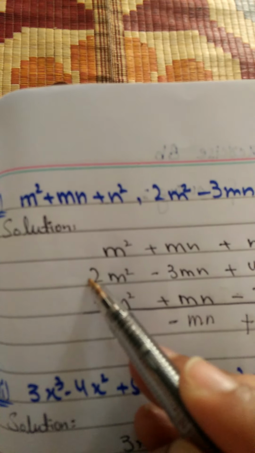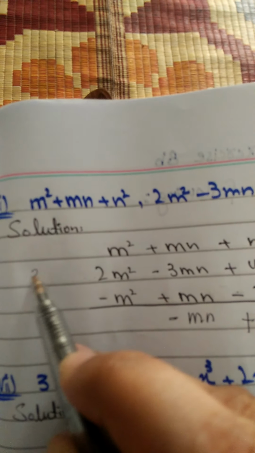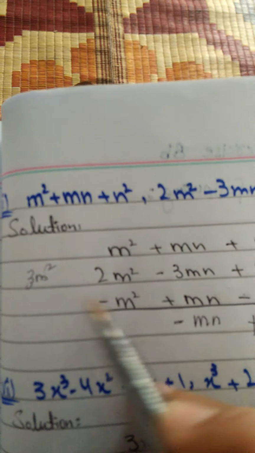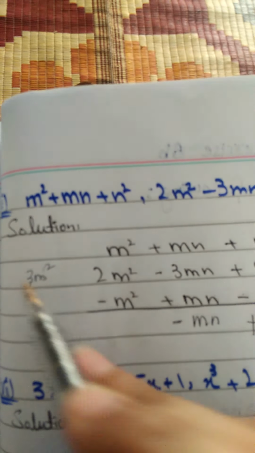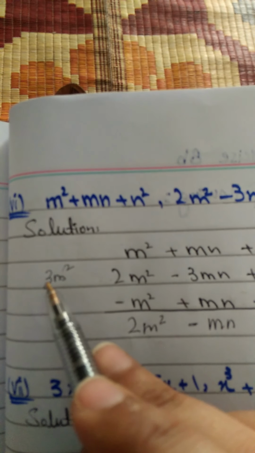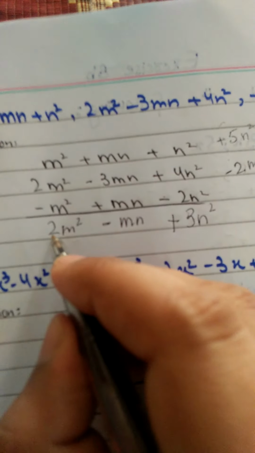Now m square and 2m square having the same sign will be added to get 3m square. 3m square minus m square, plus minus minus, 3 minus 1 gets 2m square, and the sign of plus will be assigned because 3 is the greater value having the plus sign. This is the final answer.